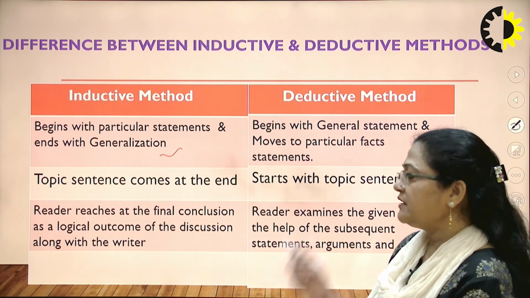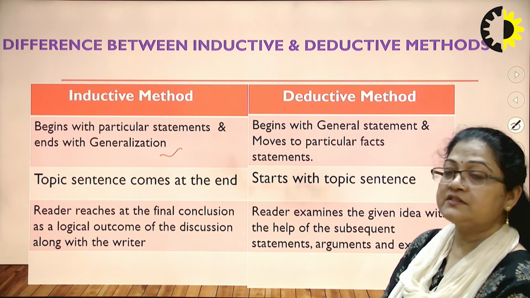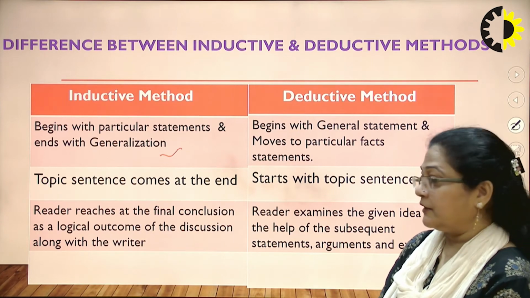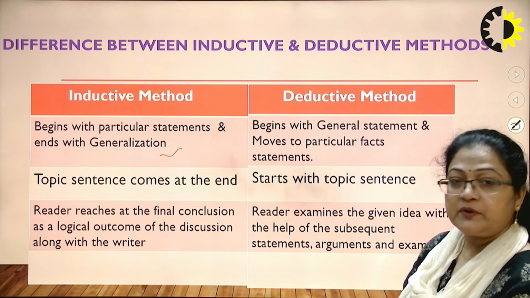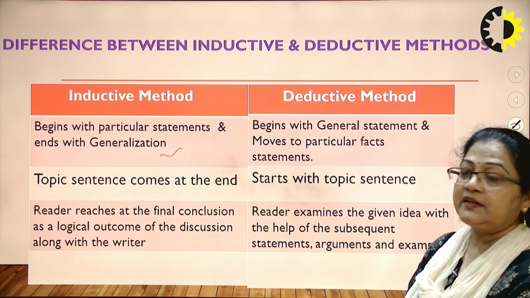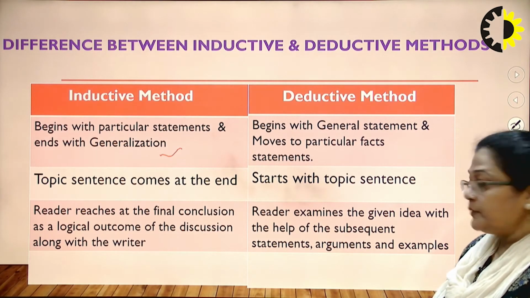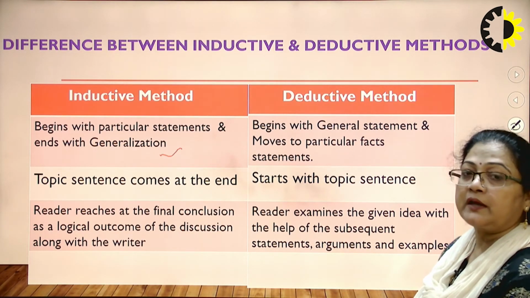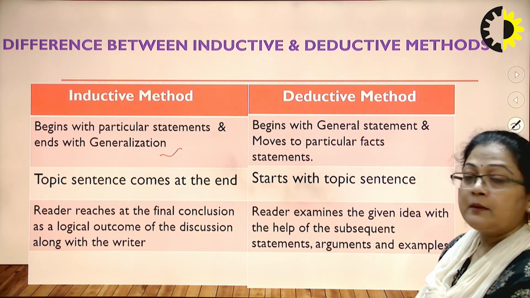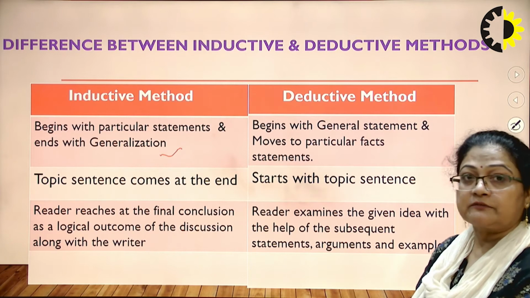Means the writer and the reader reach the final outcome as a general statement of an understanding together. In deductive method, the statement is given in the beginning as the topic sentence and the reader examines the given idea with the help of the subsequent statements, arguments and examples given by the writer. So, these are the main points of difference between inductive and deductive method.